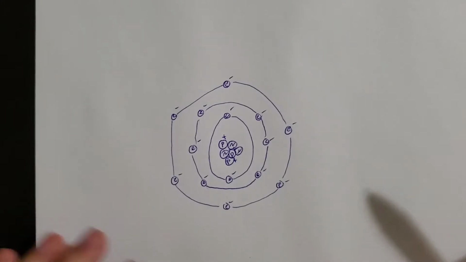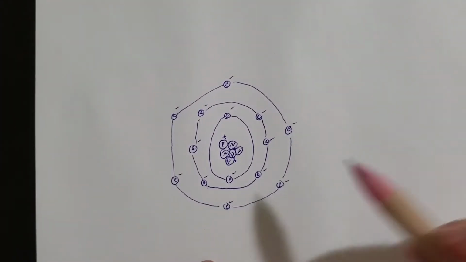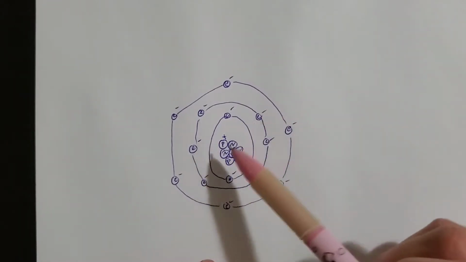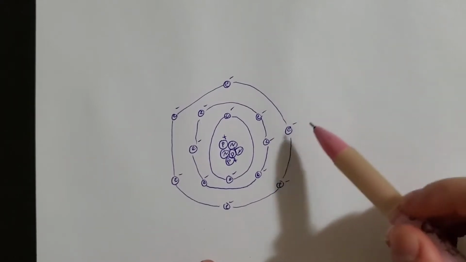And so what that might look like is, here's my really rough draft drawing of an atom. In here you will see protons and neutrons, and in the outside rings, there are electrons, and electrons are negatively charged.